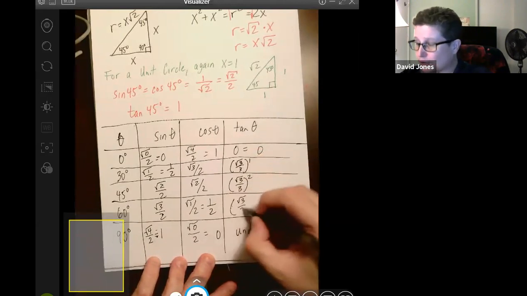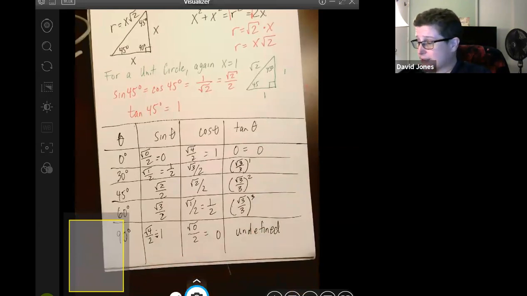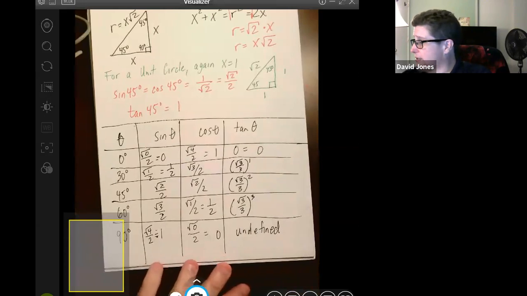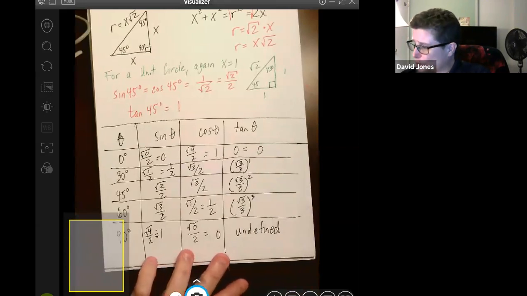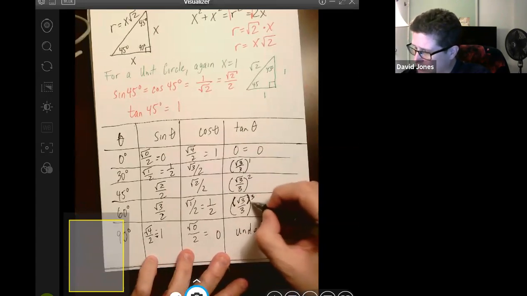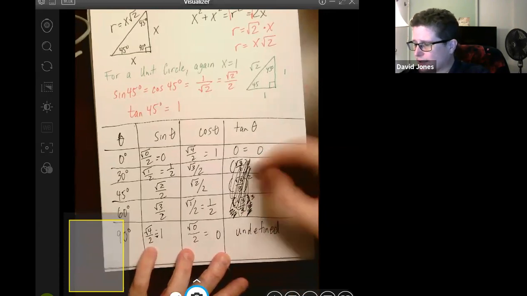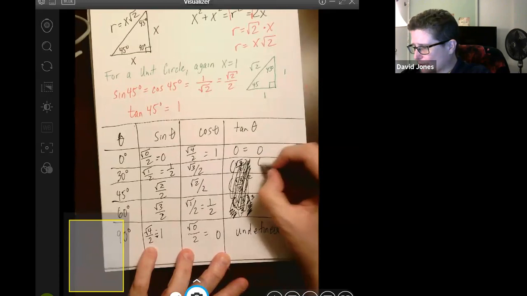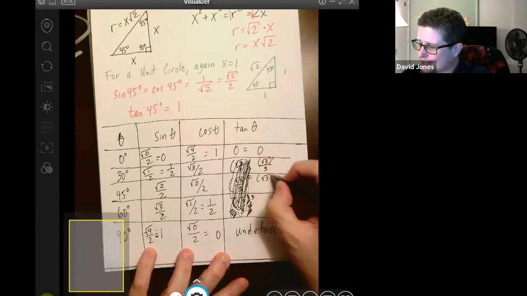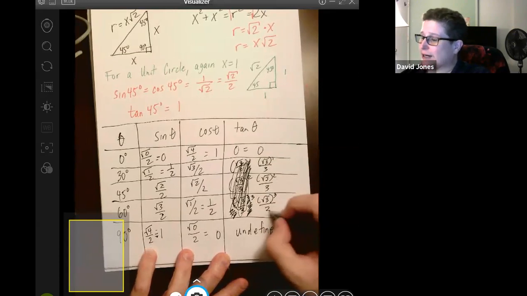But I'm pointing out, if you like patterns and this is for you, then this is exactly what you want. Oops, it's just the numerator is cubed. Let's try that again. Root 3 to the first power over 3, root 3 to the second power over 3, root 3 to the third power over 3.